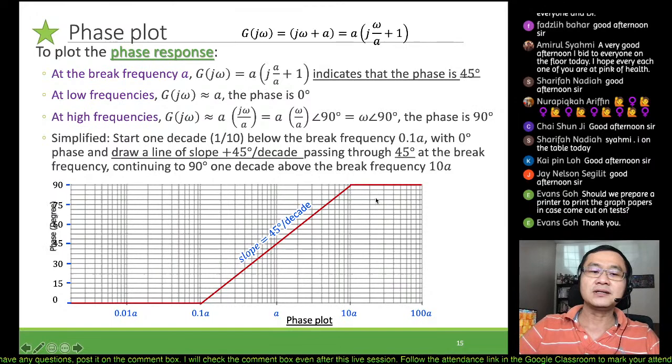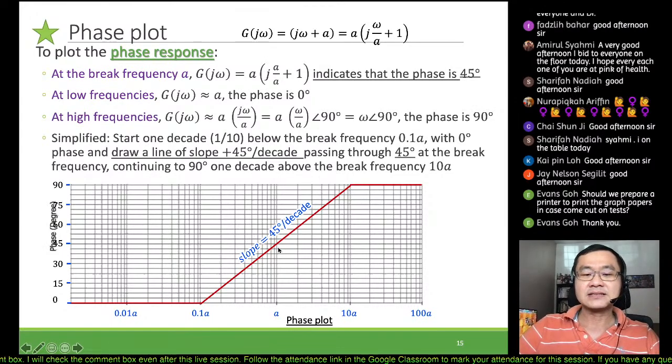So now the only thing is that at A itself the phase is 45, so we plot a point over here.